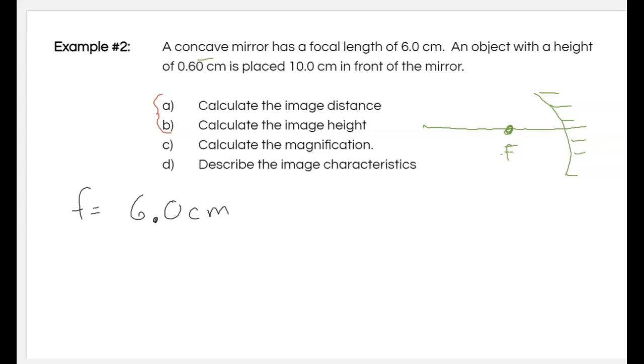Okay, an object with a height of 0.6 centimeters is placed, so that's my object, and that tells me that that is HO, so I'm going to write that out. 0.60 centimeters. Is placed 10 centimeters in front of the mirror.